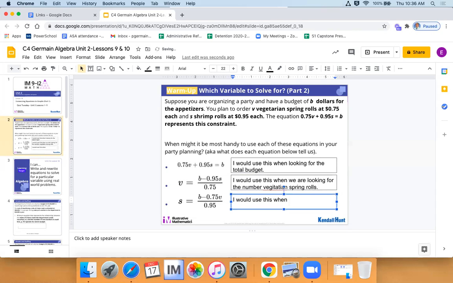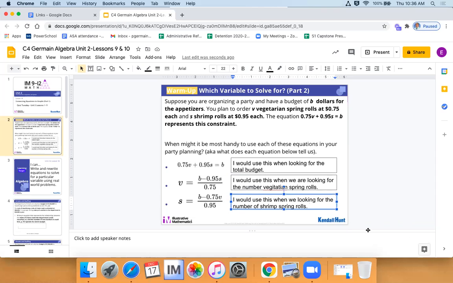When we're looking for the number of shrimp rolls. We would use this when solving for the number of shrimp spring rolls. Shrimp, S-H-R-I-M-P, spring rolls, S-P-R-I-N-G R-O-L-L-S.